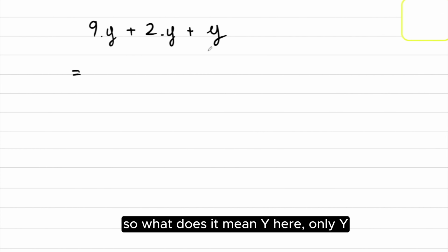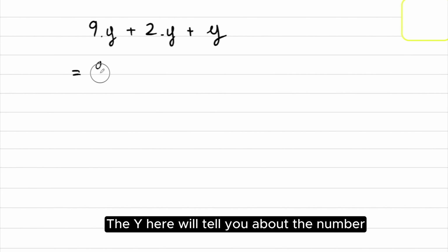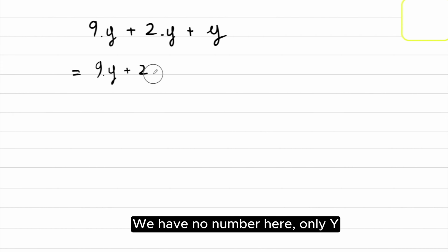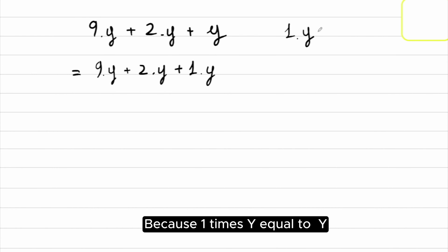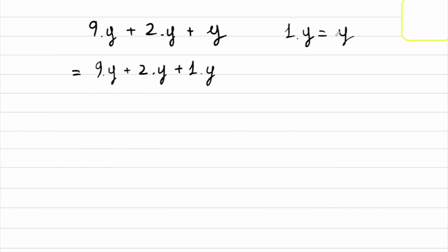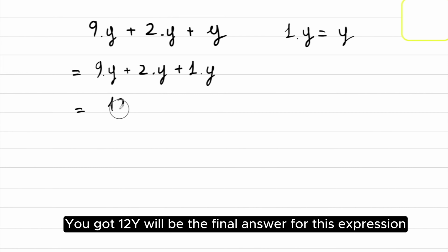So what does the y here mean? Only y. We have no number here, only y, but you have to understand that this is 1y, because 1 times y equals y. So you have 3 numbers, 9, 2, 1. So 9, 2, 1, you get 12y as the final answer for this expression.